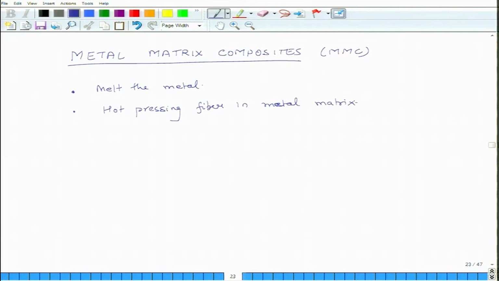This is the second way. The third way is that you can have fiber and on top of it you can spray molten metal. That is known as plasma spraying.